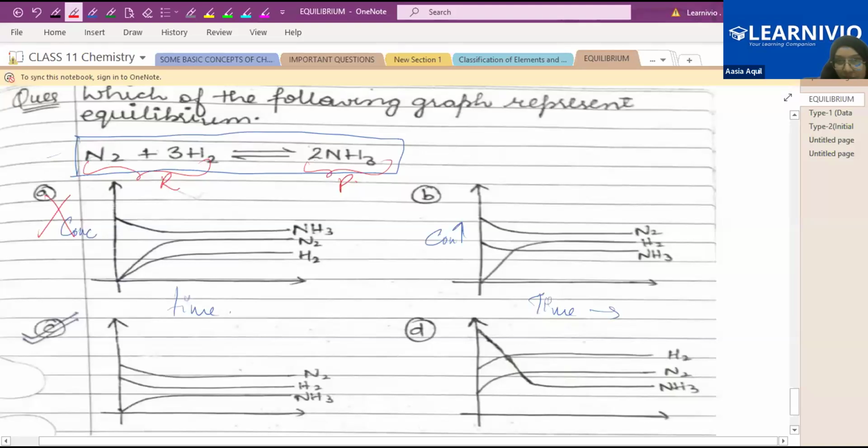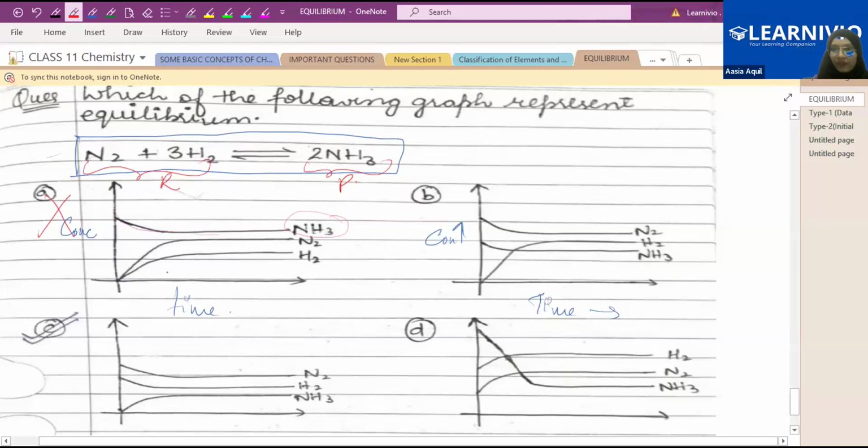Let me explain why. See, this is ammonia. You should know how to read the graph. This is a concentration versus time graph. So see this, this is NH3, ammonia. This is the product. According to my concept, the concentration of product will increase. But here it is decreasing, which is wrong. Getting my point or not?